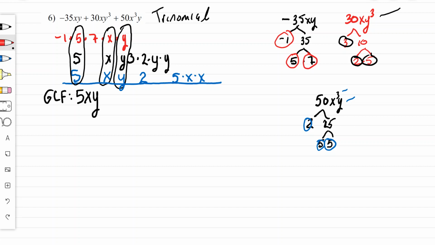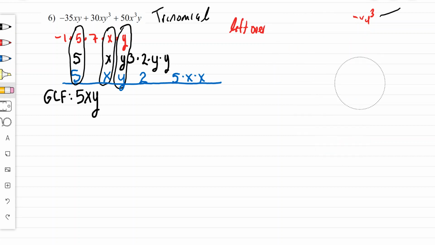Now I'm ready to find my leftovers. I'm going to go ahead and erase all this because I need a little bit of room. So what was left over? If I multiply -1 times 7, I get -7.